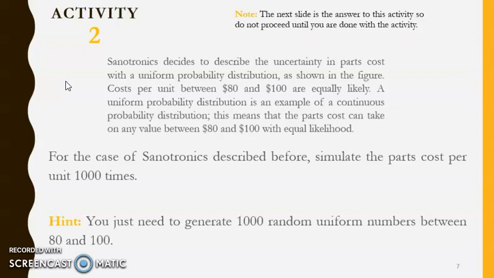A uniform probability distribution is an example of a continuous probability distribution. This means that the parts cost can take on any value between $80 and $100 with equal likelihood. Now, when it asks you to simulate this situation, you just need to generate random numbers 1,000 times between 80 and 100. Pause the video and do it yourself.